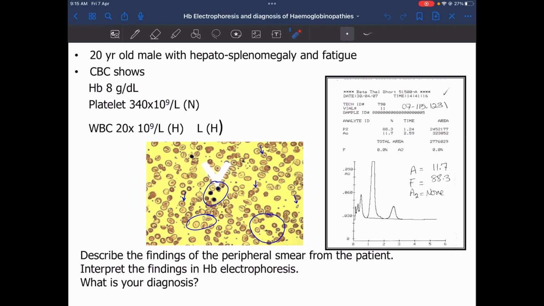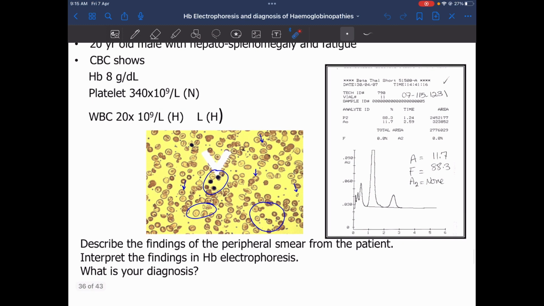But how do you differentiate between thalassemia minor and major? Well, it's hemoglobin A2. Hemoglobin A2 should be high in thalassemia minor. But in thalassemia major, usually there is no hemoglobin A2. So our patient has thalassemia major.